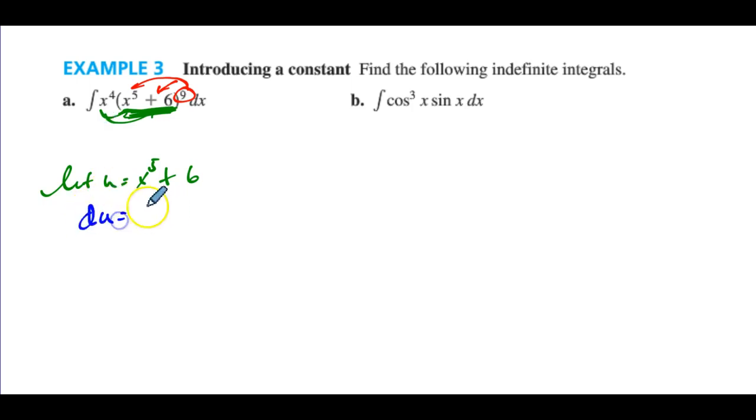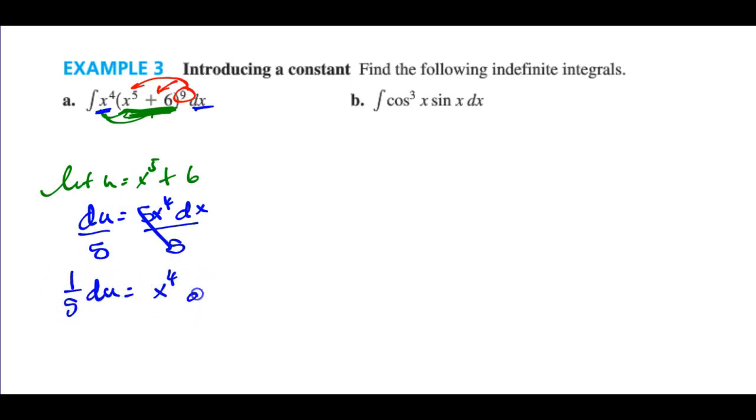With u-sub, though, it's not so bad, especially since they gave me a 5x to the 4th, of course, plus 0. So you don't have a 5, but I do have an x to the 4th, and I do have a dx. So I'm going to divide both sides by 5. So I get 1/5 du is going to replace all of this in my x's.